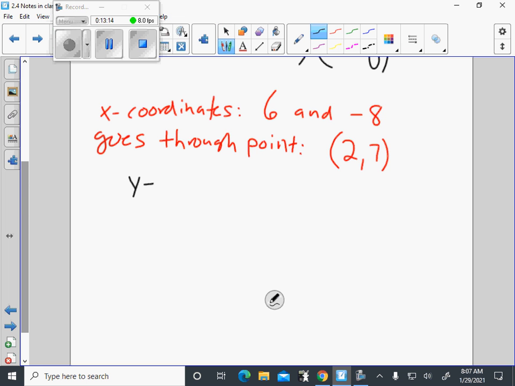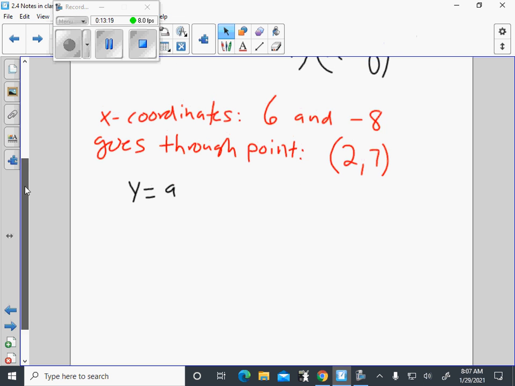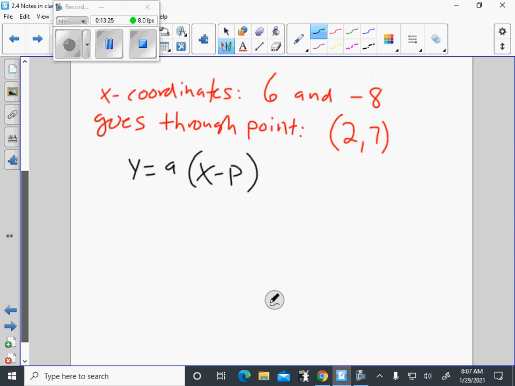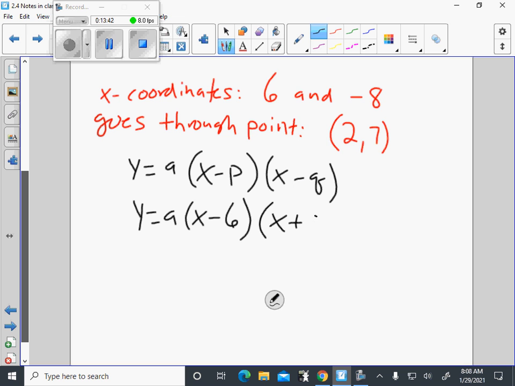Remember our equation: y equals a times x minus p times x minus q. And we have positive 6, so we're going to say y equals a times x minus 6. Okay, and then negative 8. Remember, when we say negative 8, we have to have plus 8.